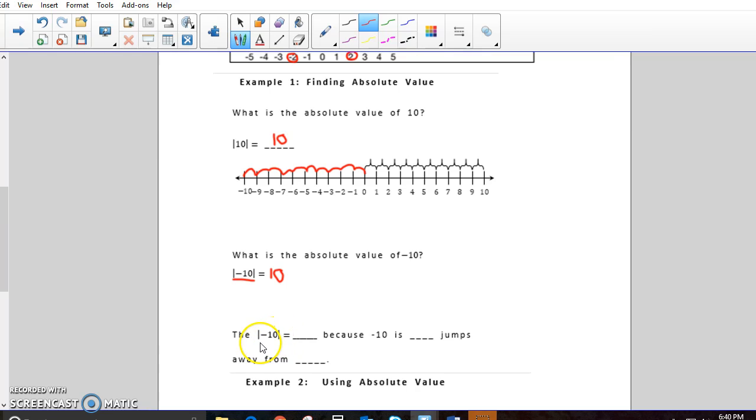The absolute value of -10 is 10, because -10 is 10 jumps away from 0.